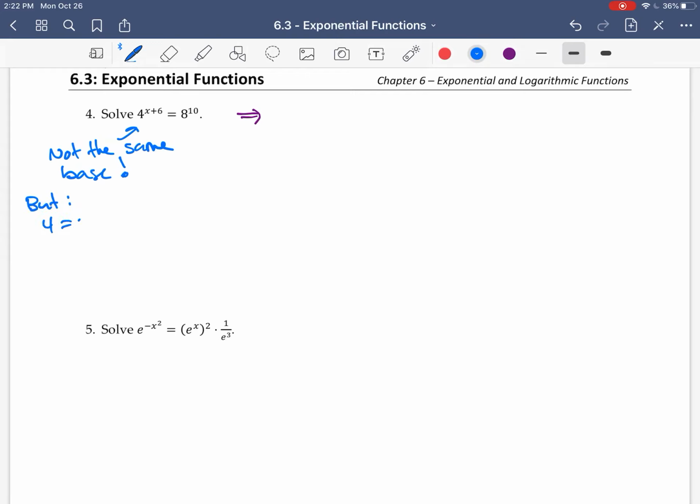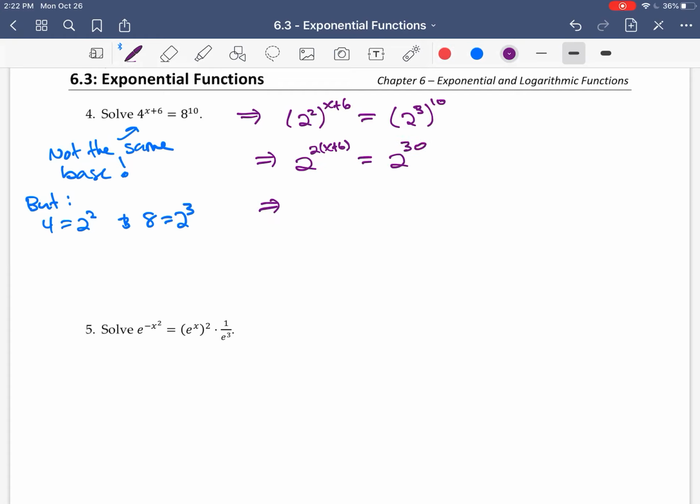So 4 is equal to 2 squared, and 8 is equal to 2 cubed. So I can replace those. So this is 2 squared to the x plus 6 is equal to 2 cubed to the 10. Okay, so that simplifies. So I multiply the exponents, so it's 2 times x plus 6, and this is going to be 2 to the 30.